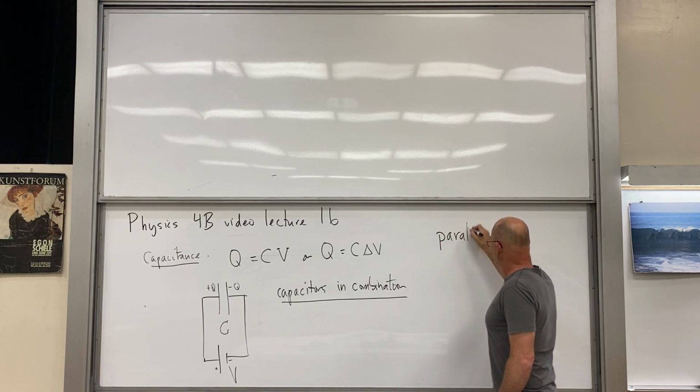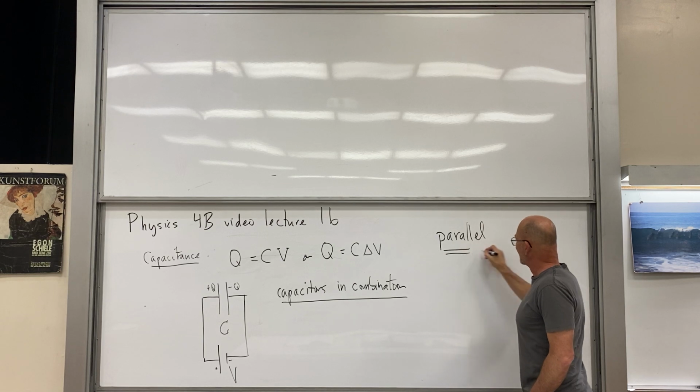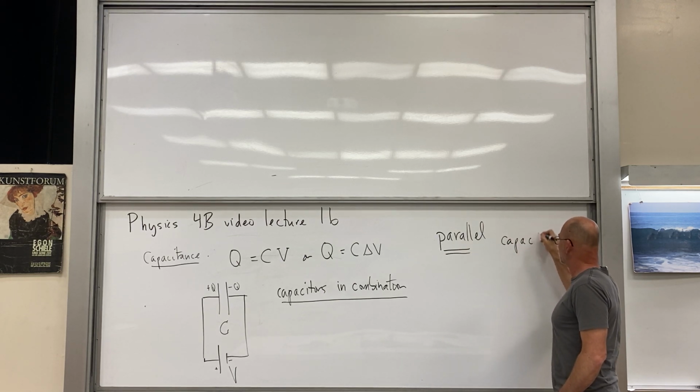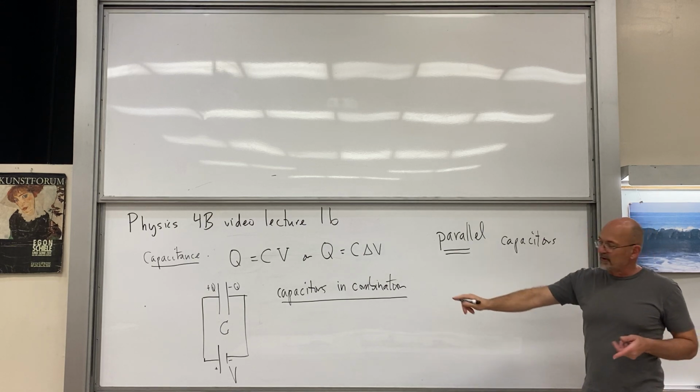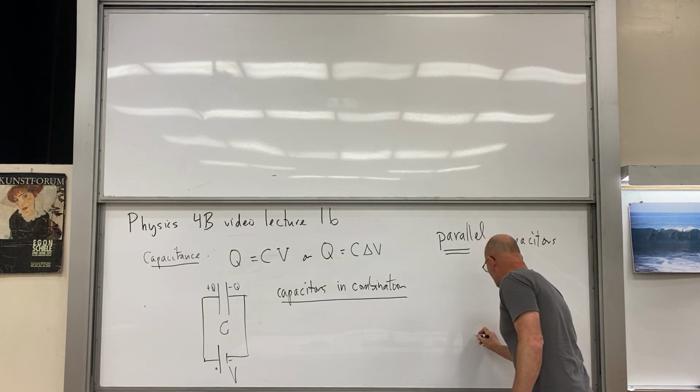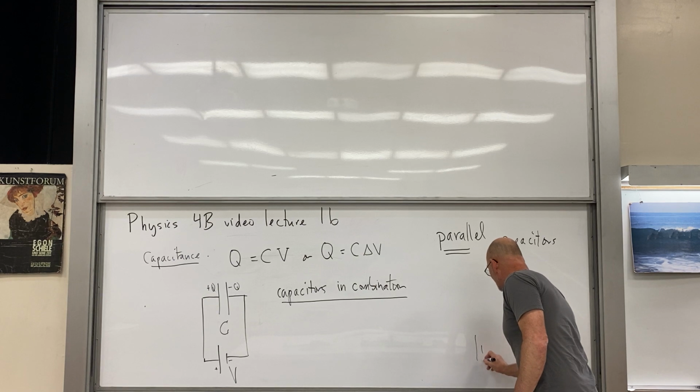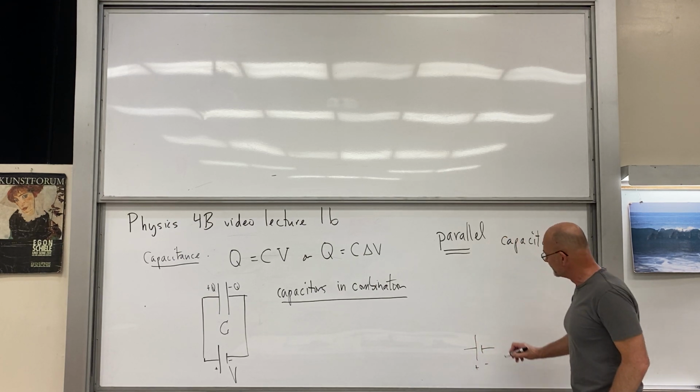So what does that mean? Parallel capacitors. So we'll do the same thing we have right there. We've got our battery. It's enough to know there's plus and minus there.